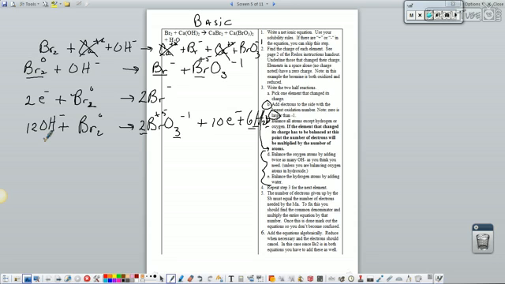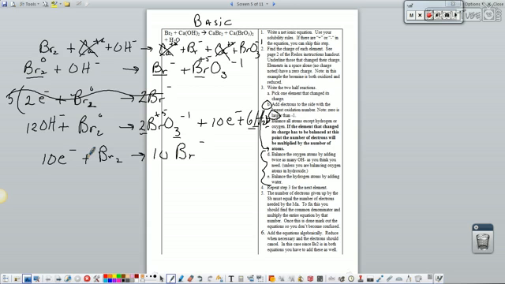Now the number of electrons gained still has to equal the number given up. I have 2 and 10, so I'm going to multiply this times 5. So I have 10 e minus plus Br2 yields 10 Br minus. Now I usually draw a line through this so that I don't get confused when I'm adding the 2 half reactions.